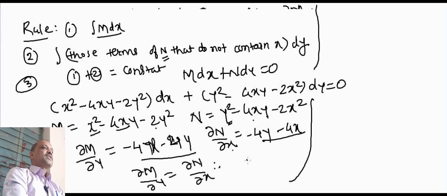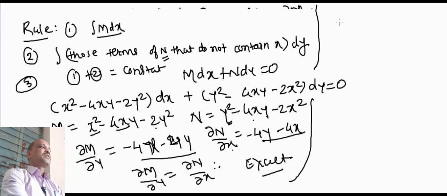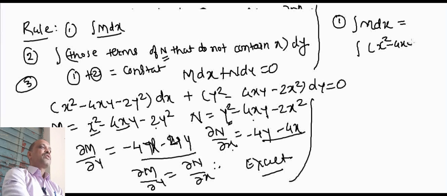Okay. So, let us apply the rule to find the solution. Given the equation is an exact differential equation, what do we have to do first? First step: find the integration of M with respect to x, that is the integration of x square minus 4xy minus 2y square into dx.